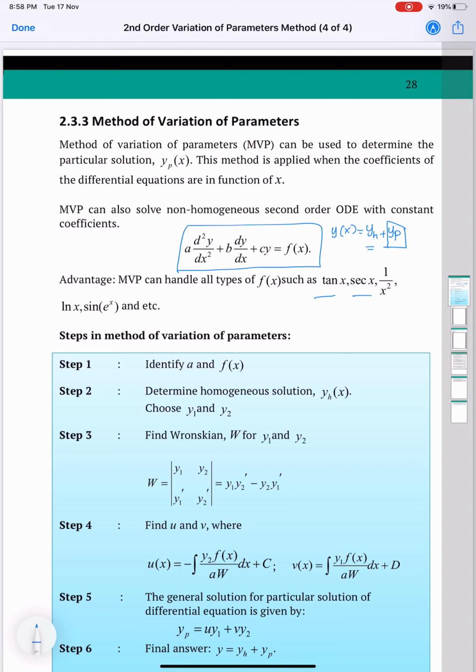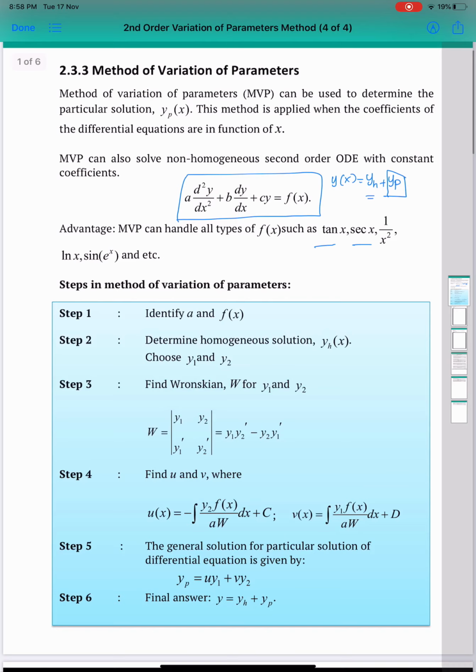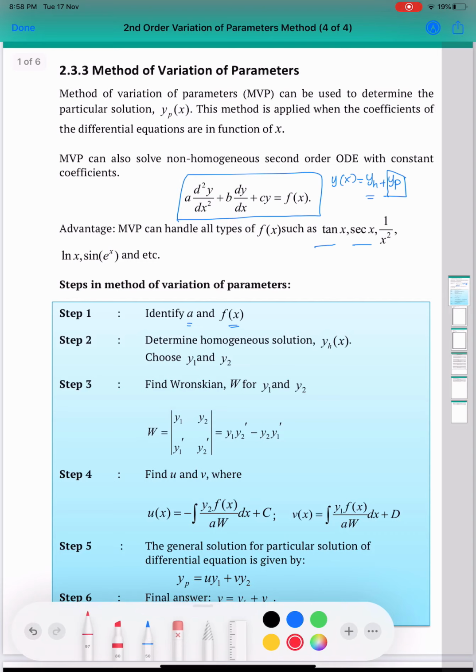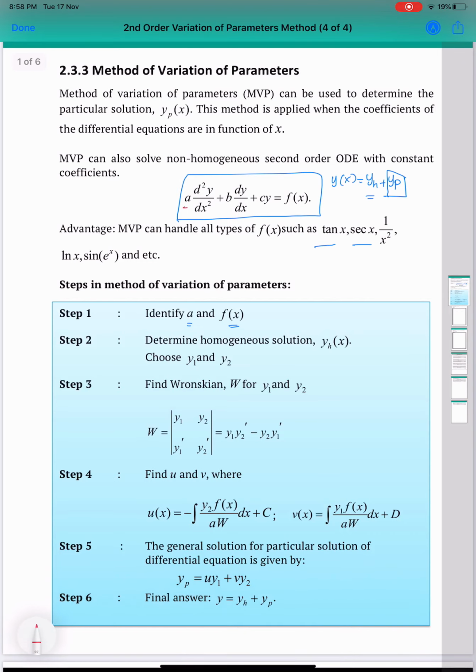So how do we get yp using variation of parameters? First, we must identify a and f(x), where a is the coefficient of d squared y over dx squared.